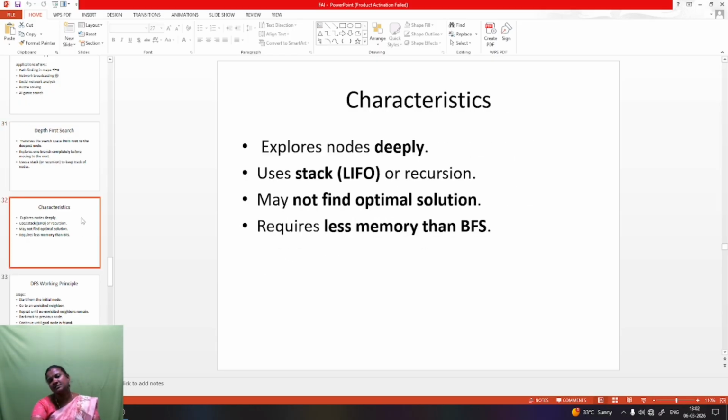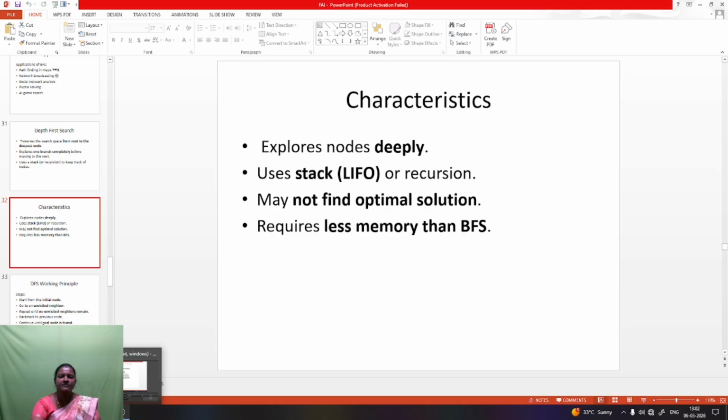The characteristics of the depth first search algorithm are: it explores nodes deeply rather than breadthwise. It uses a stack, that means a last in first out data structure, or recursion for its implementation. This algorithm may not find the optimal solution.